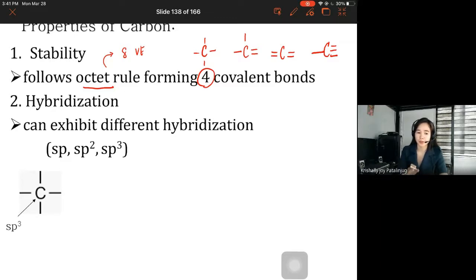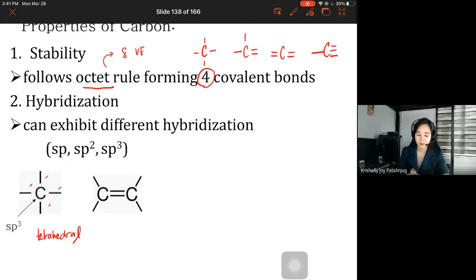Alright? So, kapag naka-sp3, if we try to relate that to its orientation or molecular geometry, we could say na yung carbon atom na yan is in a tetrahedral orientation. Kasi meron siyang apat na electron groups, di ba? 1, 2, 3, 4. So, tetrahedral ito. Okay, any central atom na naka-sp3 hybridized, yung orientation yan is in a tetrahedral orientation.